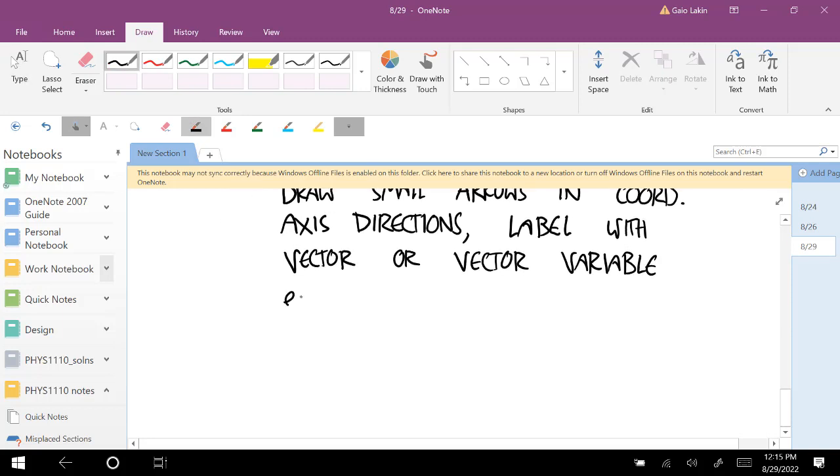So for example, if you're in 2D, it looks like that. If you're in 3D, it looks like this. But the axes you draw, those two or three vectors, should be in the direction of your chosen coordinate system. So if you have a funky oriented coordinate system, these should be in those directions.